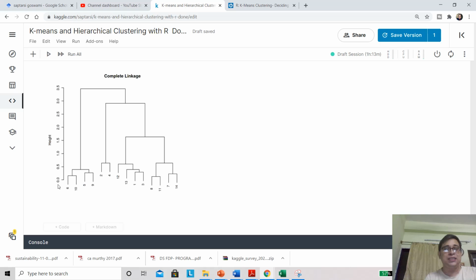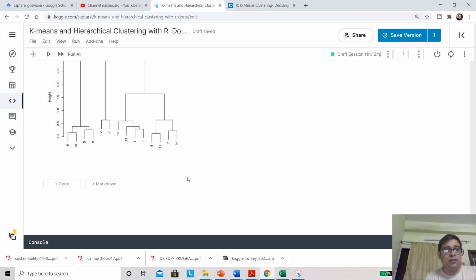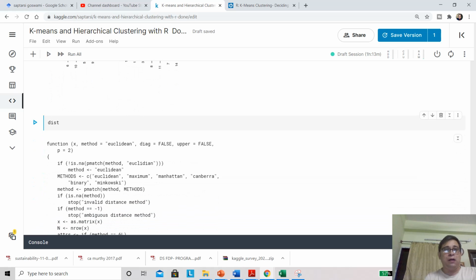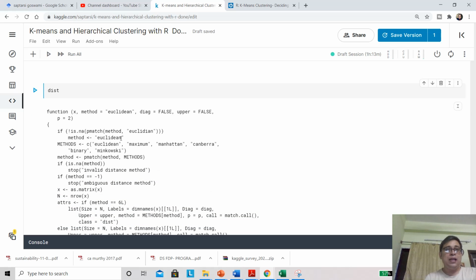So we know that 6 and 10 are closer, 5 and 9 are closer, and so on and so forth. One other important thing I want you to look at is this distance. So look at what dist does. If you look at distance, you will see that there are many distances available. Like you have Euclidean, maximum, Manhattan, Canberra, binary, Minkowski, and so on.